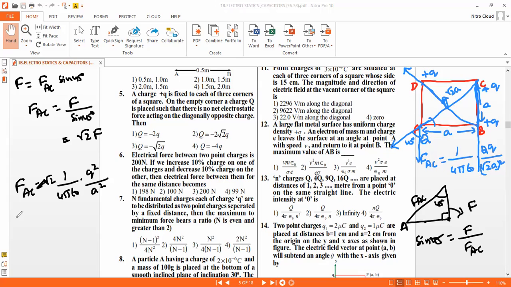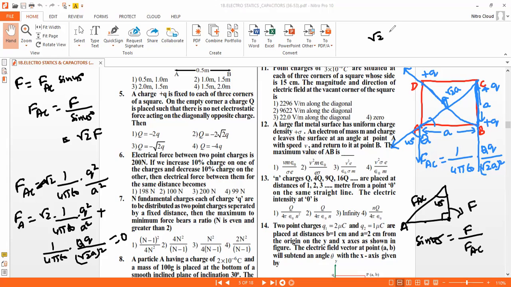So the force at A is nothing but root 2 times 1 by 4 pi epsilon naught q square by a square plus 1 by 4 pi epsilon naught times capital Q small q by root 2a whole square, which is equal to 0. So it will be root 2 q square by a square plus small q times capital Q by 2a square equal to 0.